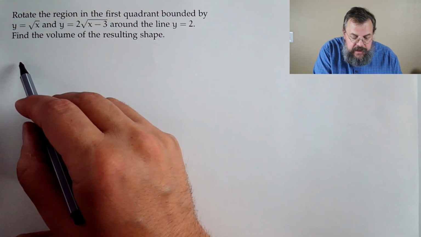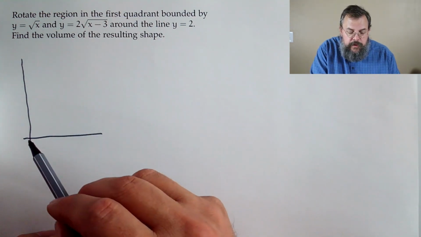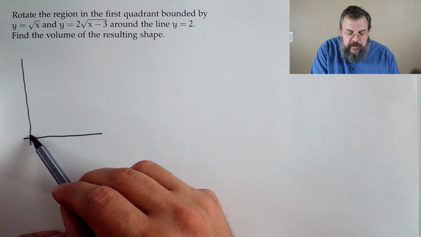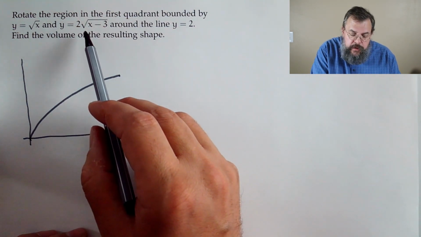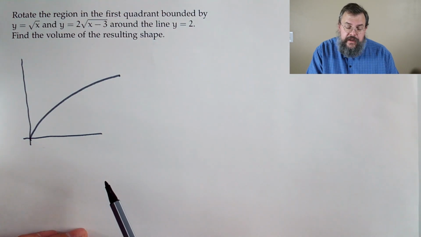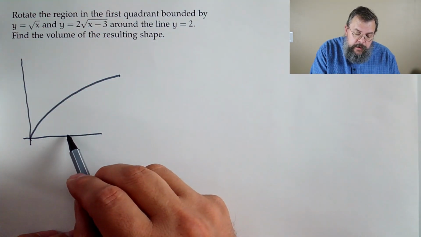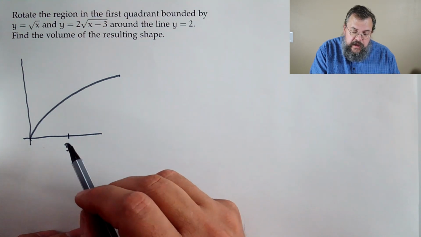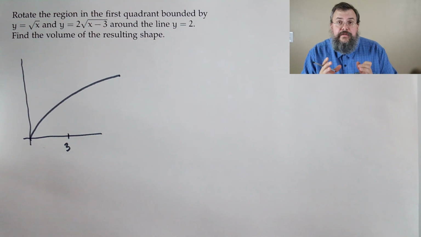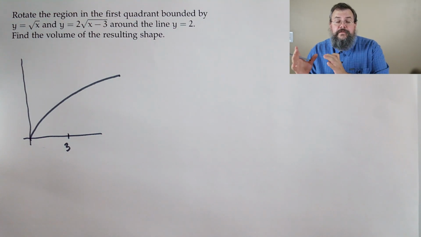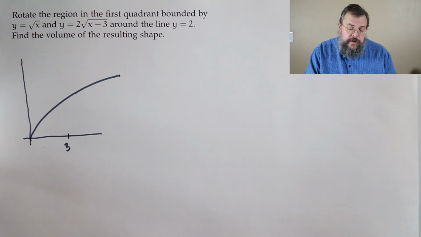Let's think about what's happening here. So we have y equals square root of x, or root x. It's doing something like that. And y equals 2 square root of x minus 3. Now, you'll see that the x minus 3 on the inside of the square root is a shift over, so you really come over here to 3. So we shift it over. After you shift over, then what?